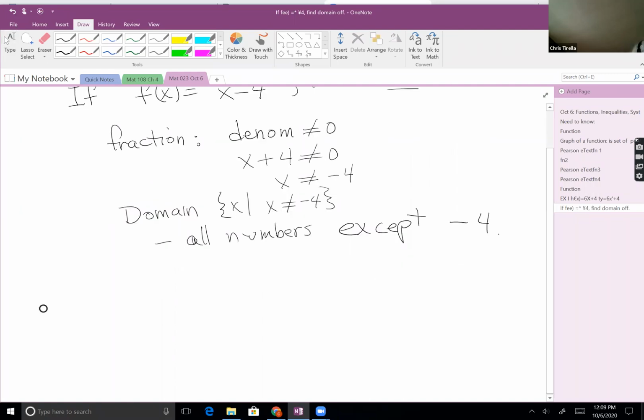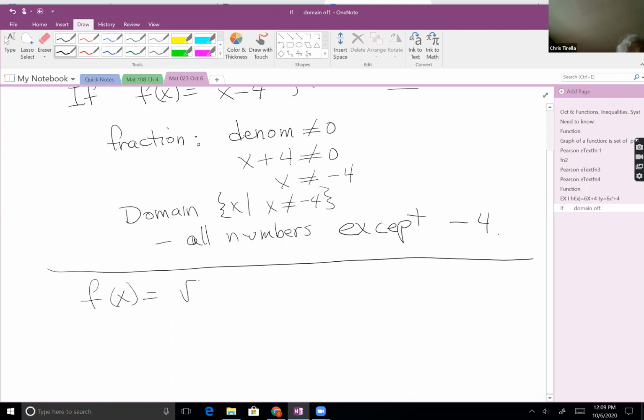And one more example. Let's say I have f of x equals the square root of x plus 1, and I want to find the domain. With the square root, I know that what's underneath the square root cannot be negative.